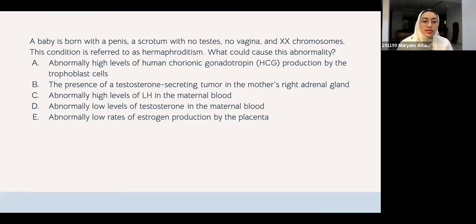C, abnormally high levels of LH in the maternal blood. D, abnormally low levels of testosterone in the maternal blood. Or E, abnormally low rates of estrogen production by the placenta. So essentially what we're looking at here is a female patient that has external male genitalia.